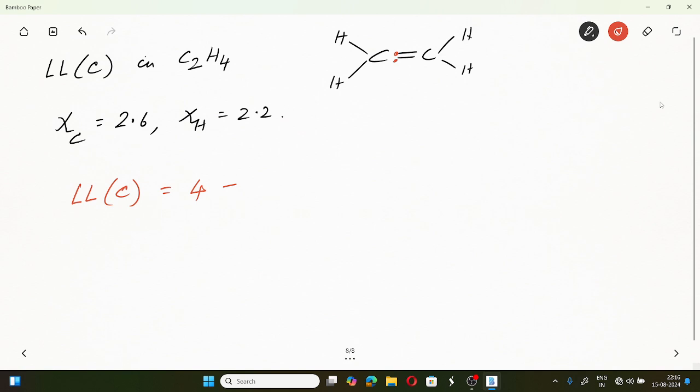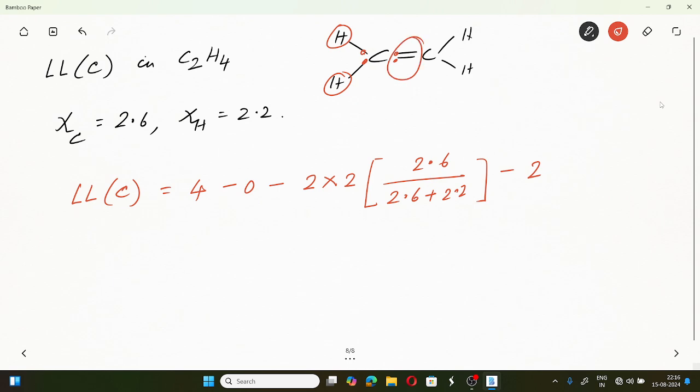There are no lone pairs, so four electrons here, minus 2 into the number of bonds it forms with hydrogen, that is two, into the electronegativity of carbon 2.6 divided by 2.6 plus 2.2, minus 2 into the number of bonds it forms with carbon.